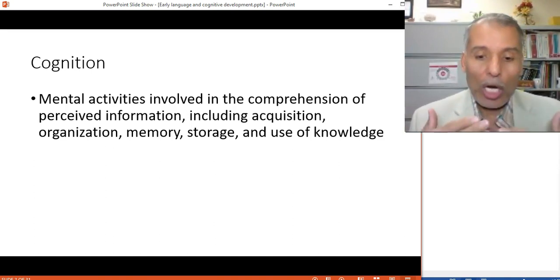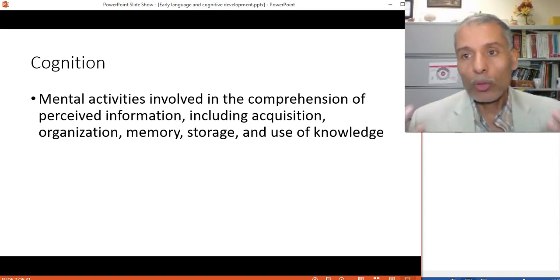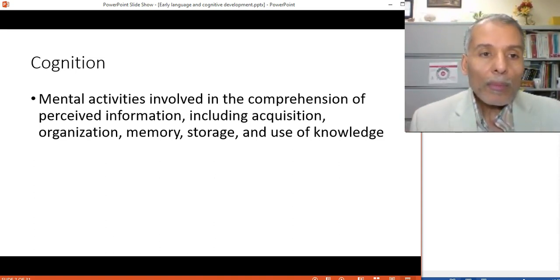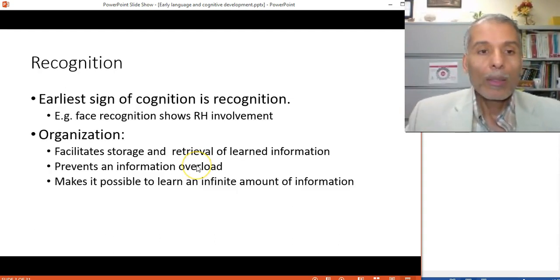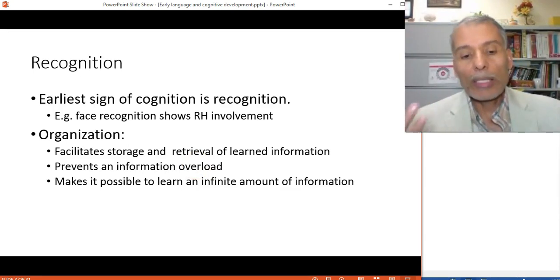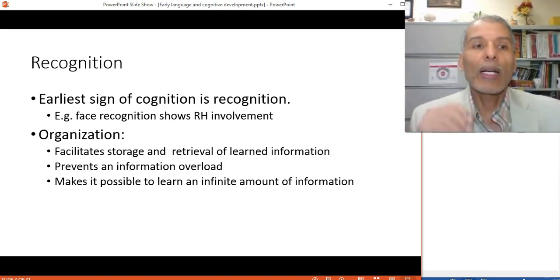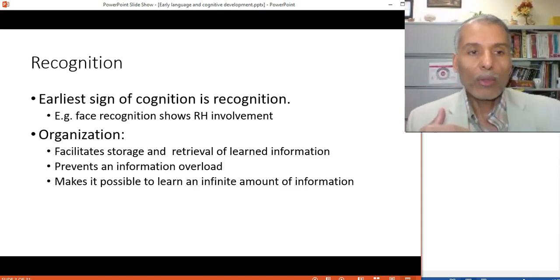So as we keep going, you are going to see how these cognitive milestones will interlace with language milestones. When you speak about cognition, basically the acquisition of new knowledge and the use of that knowledge to express and externalize your ideas in particular ways.